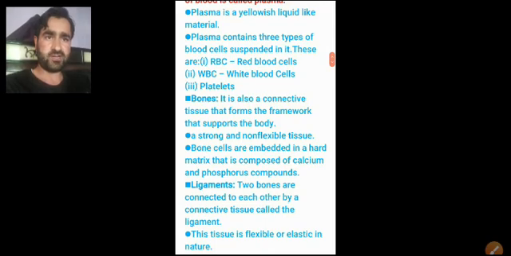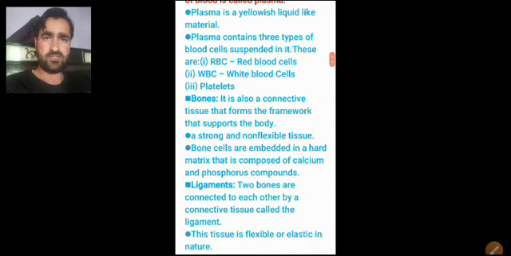It is a very strong and non-flexible tissue. Bone cells are embedded in a hard matrix that is composed of calcium and phosphorus compounds. So in the bone matrix there are calcium and phosphorus compounds which give it rigidity and strength.